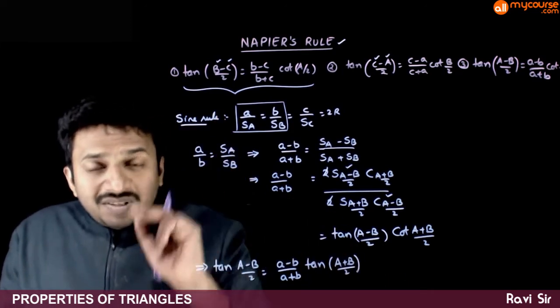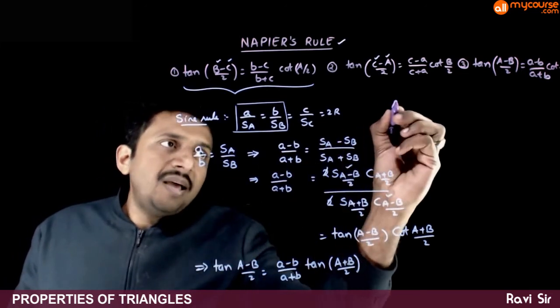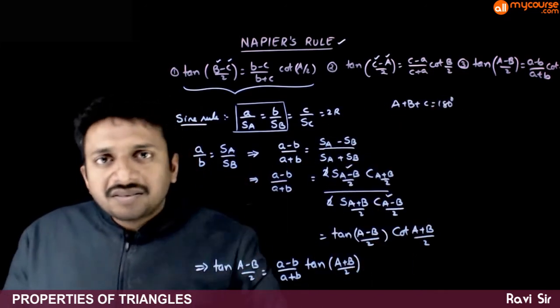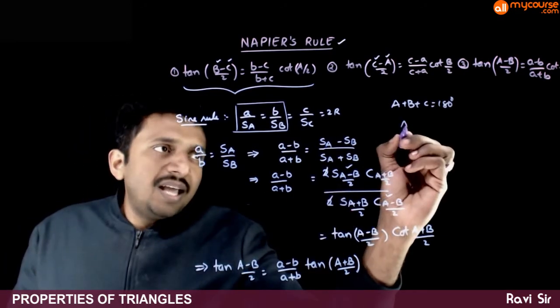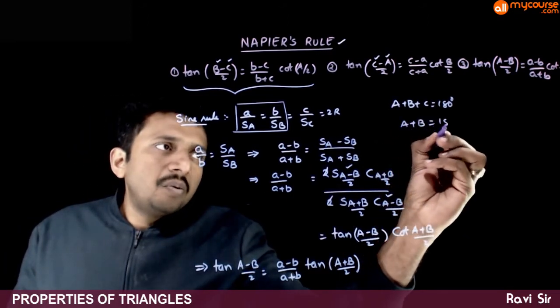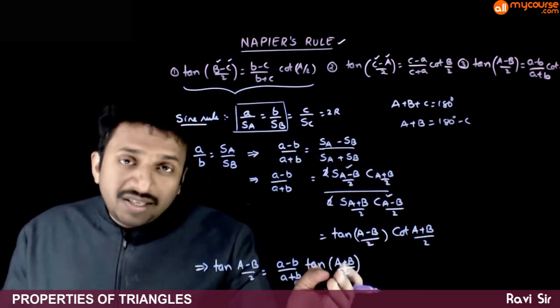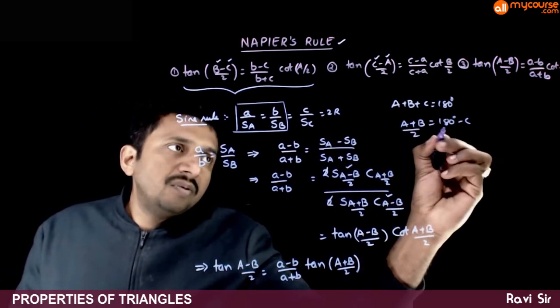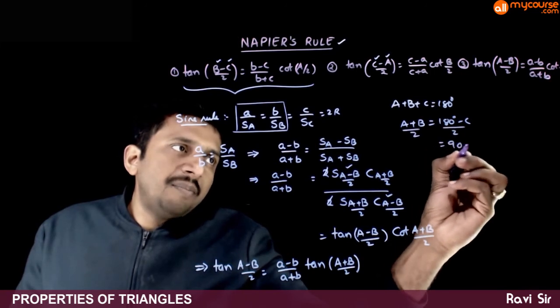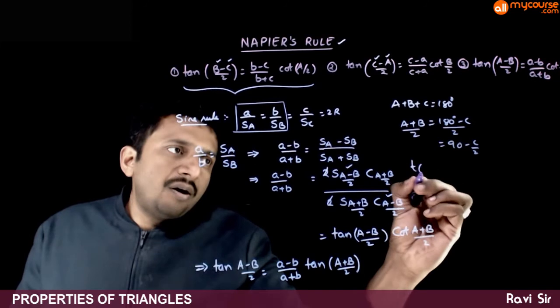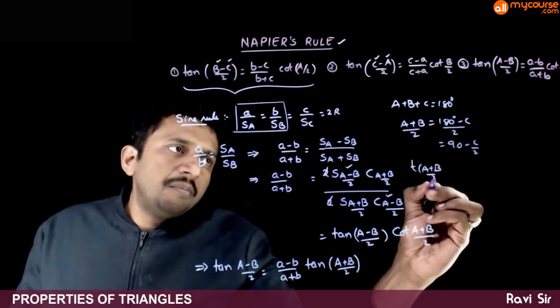Now we know that ABC is a triangle. So A + B + C is equal to 180 degrees. So what is A + B? 180 degrees minus C. What is (A + B)/2? 90 minus C/2. So what is tan of (A + B)/2?